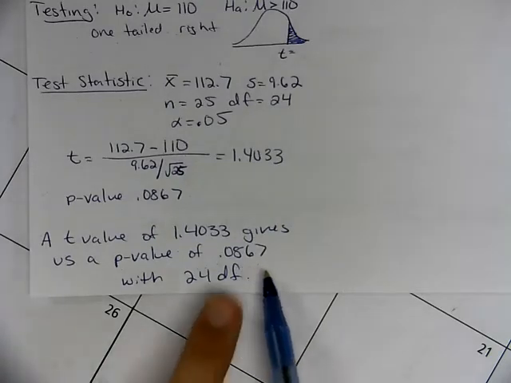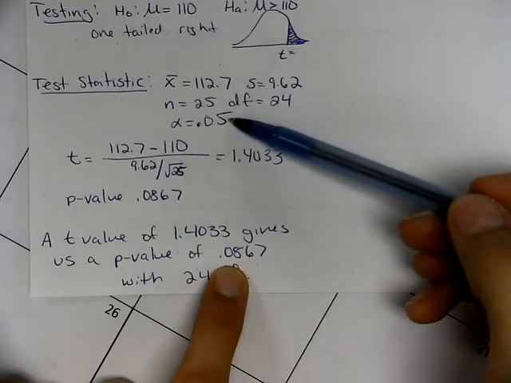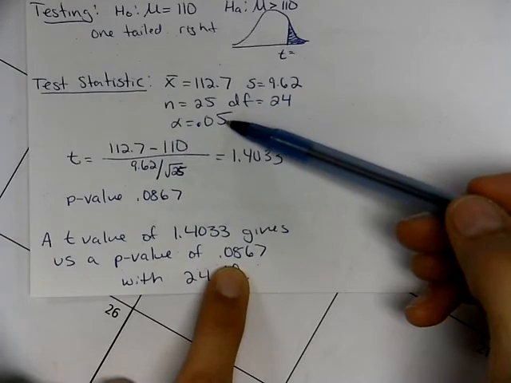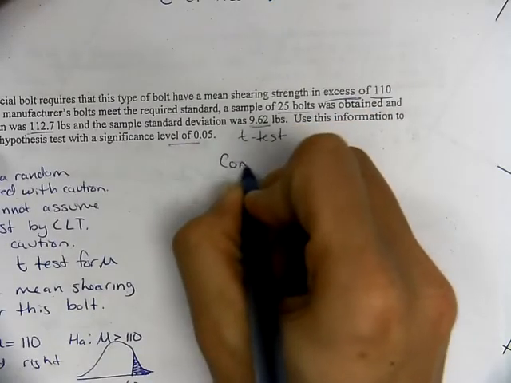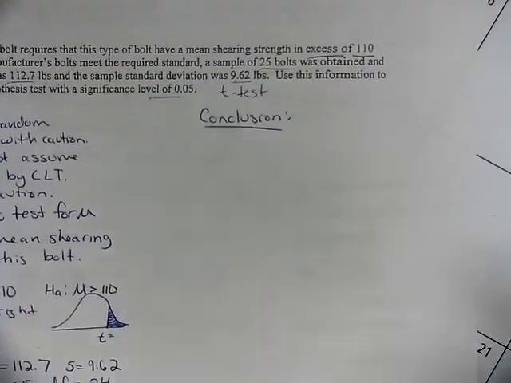Okay, so is this greater than or less than our alpha value? Greater. So we're going to fail to reject. So our conclusion for this one's actually going to have 3 sentences, because we got to talk about how it wasn't from a random sample or greater than 32.